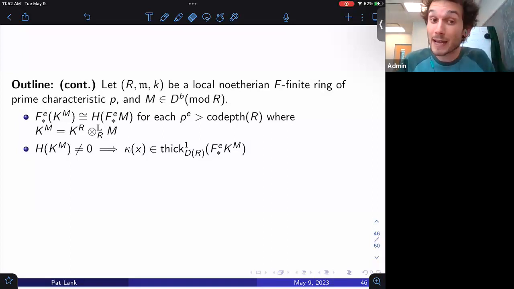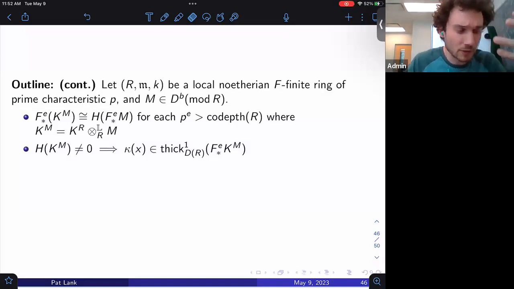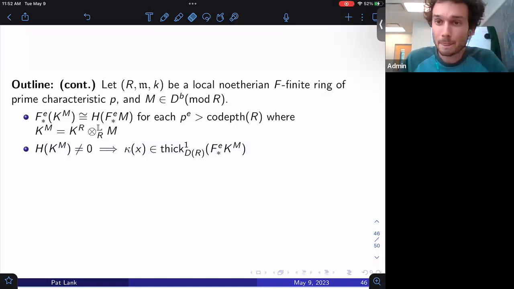And K(M) is the derived tensor product of the Koszul complex of the ring tensored with M. And I'm not only pushing forward sufficiently many iterates, but I actually have a bound, and it's going to be p^e bigger than the codepth of R. This takes some work to do, but what it says is that in our terminology, K(M), if I push it forward enough times, becomes formal, in the sense that it's going to be quasi-isomorphic to its cohomology.